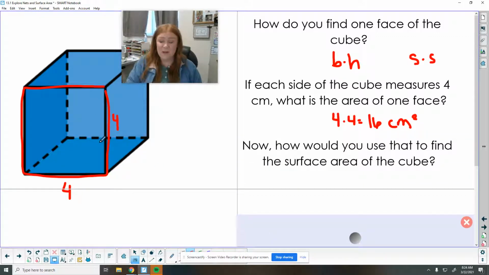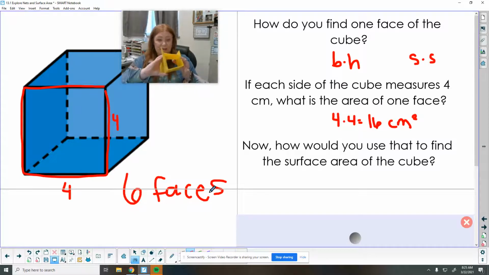Now, how do you think we would use that information to find the whole entire thing? Well, we know we have 6 faces, and since they're squares, they're all exactly the same. Every one of them is the same size. So this piece is 16. That means this is 16, this is 16. Every single one of these is 16.